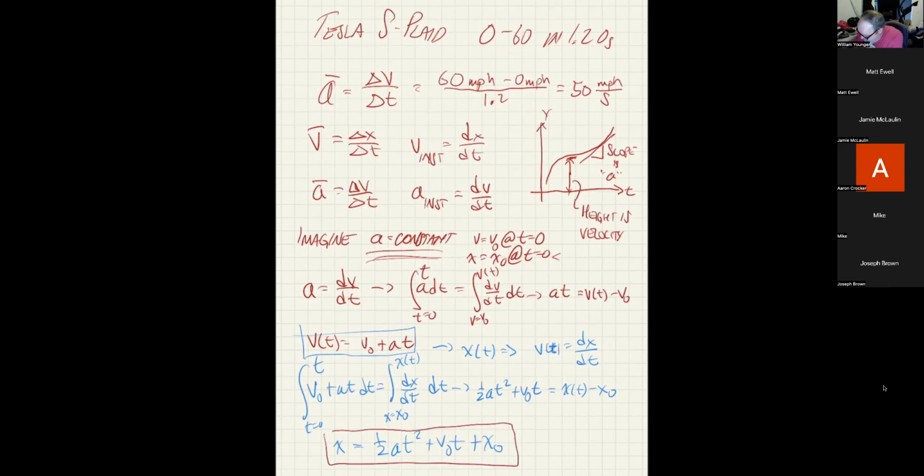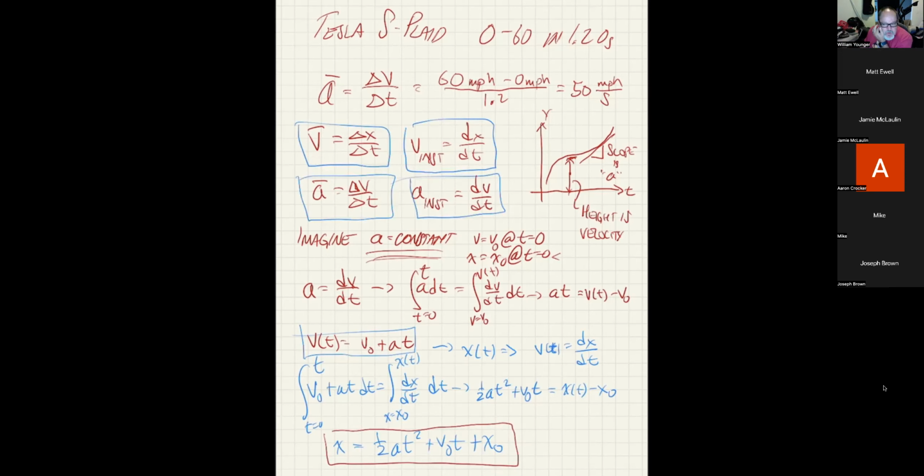Okay. As is this, and this. And in fact, that's nice, but what if you want to know, say, the final velocity without knowing the time?